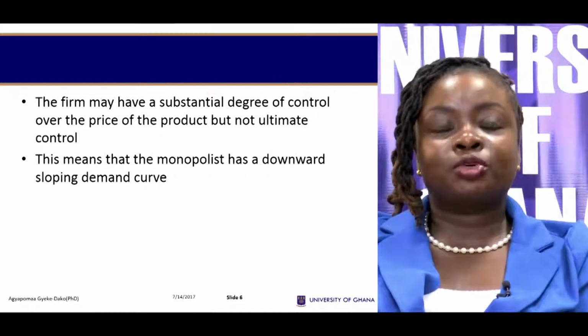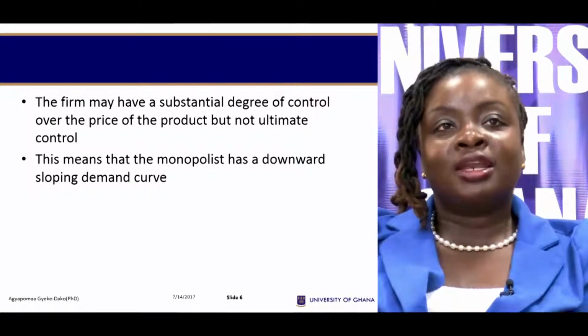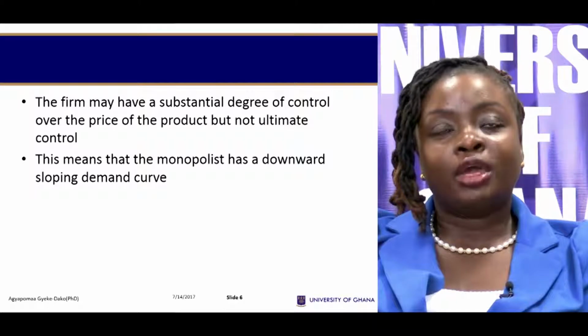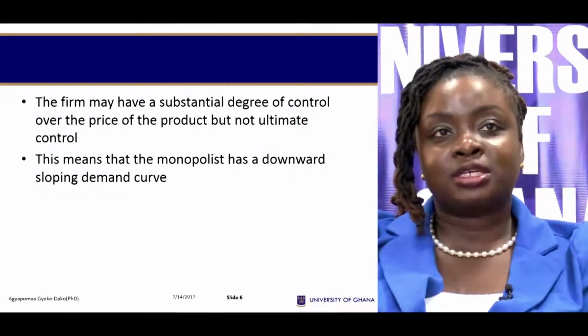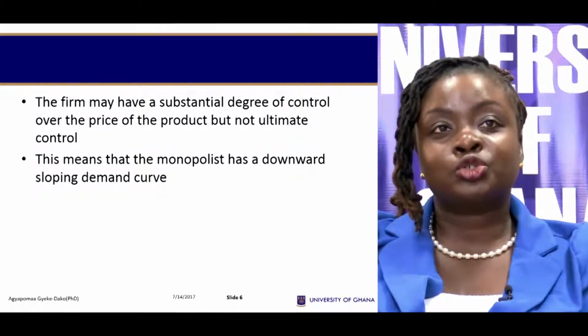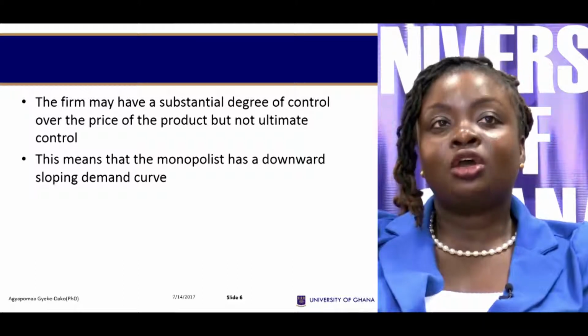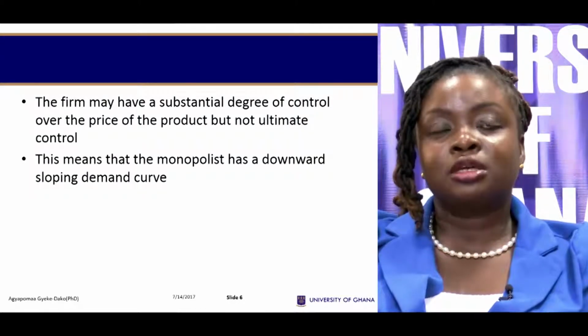If the firm has a substantial degree of control over the price of the product, then if it needs to sell more, it would have to reduce its prices. Remember, I'm not saying that the firm has an ultimate degree of control over the price. I'm saying that the firm has a substantial degree of control over the price of a product.